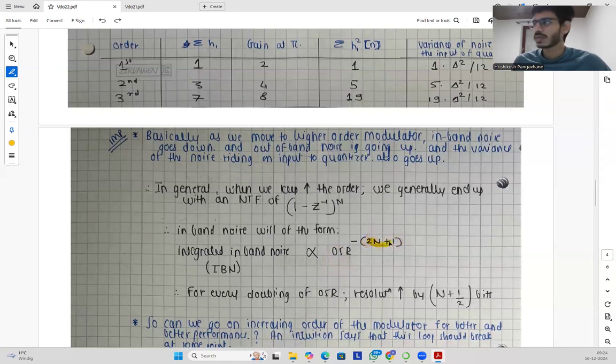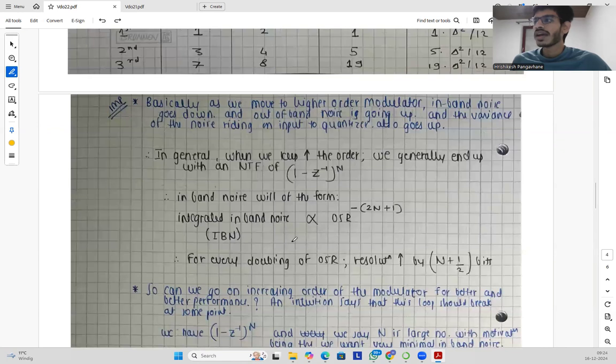So basically minus 2n plus 1. This means that for every doubling of OSR, the resolution will be increased by n plus half bits. So this is what we get.